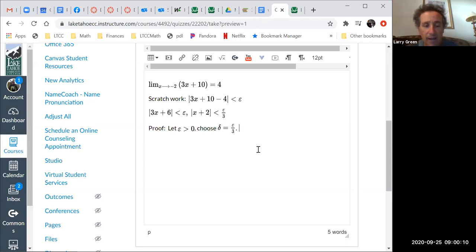All right, now we're going to start out with the definition piece, and that is the absolute value of x minus c is less than delta. So x minus c is the same as x minus -2 is less than delta.